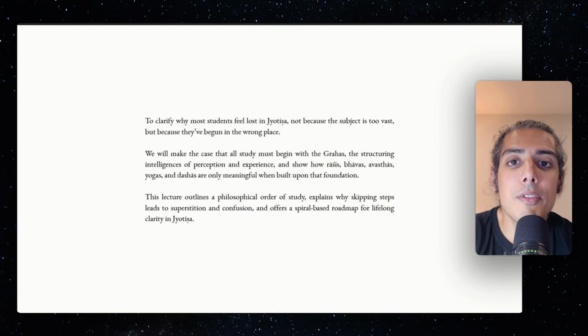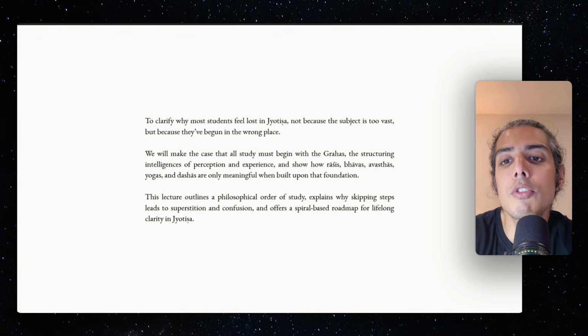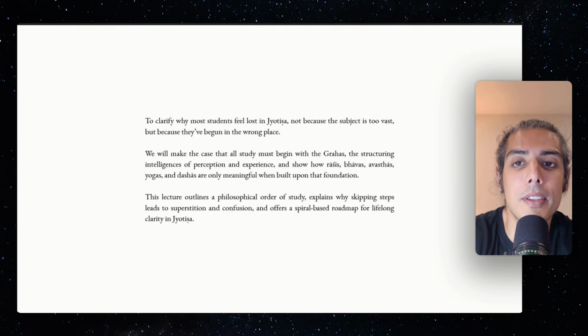So, the objective of this lecture is to clarify why most students feel lost in Jyotish, not because the subject is too vast, which it sort of is, but also because we've begun in the wrong place. So we'll see what that wrong place is and why it is wrong.